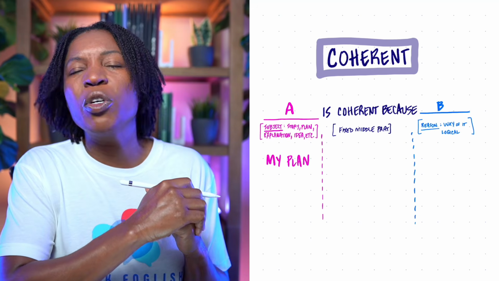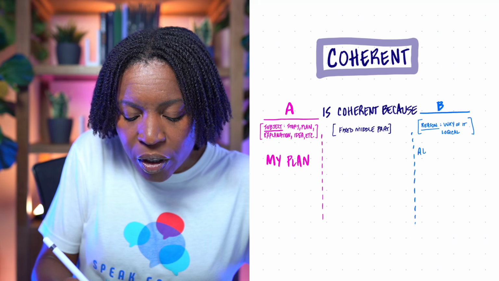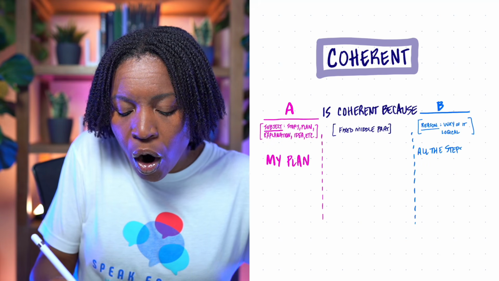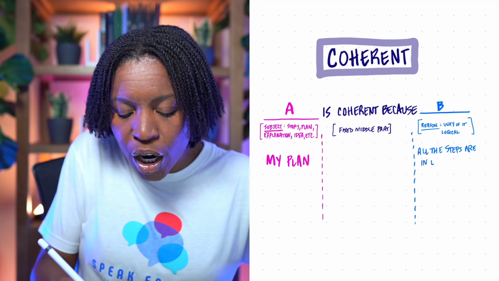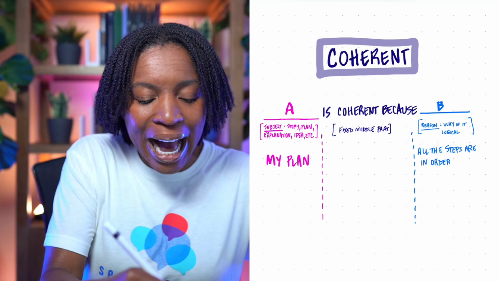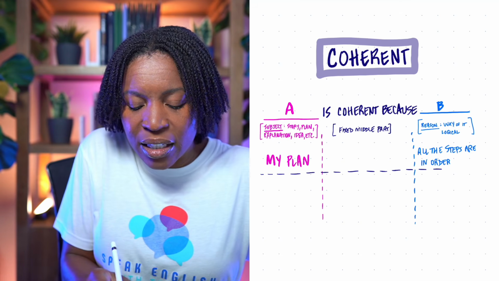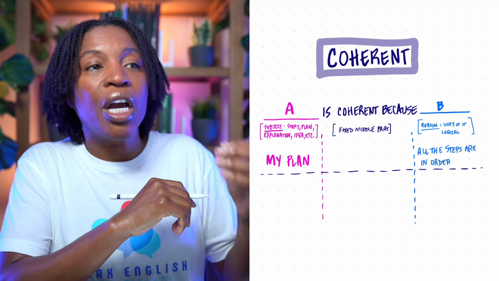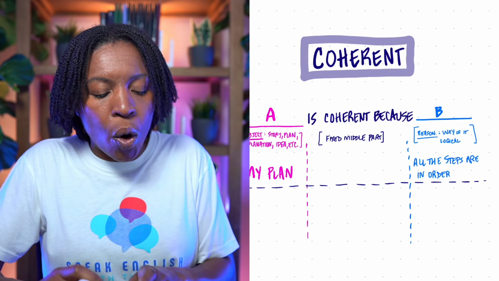So letter B is going to be all the steps are in order. Let's write that out. Again, we're giving the reason. So now if we read out the entire sentence: My plan is coherent because all the steps are in order.